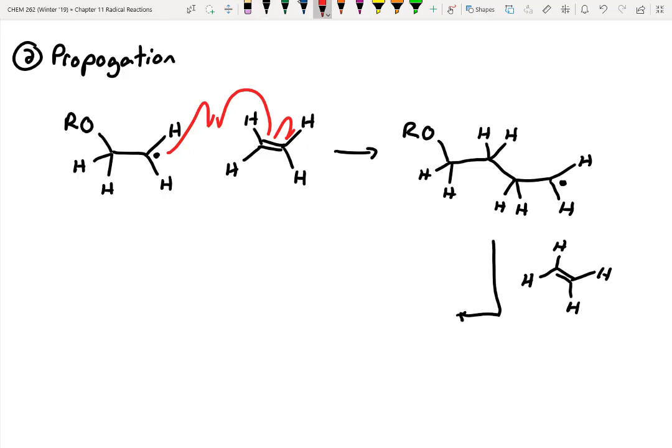So for example, this unpaired electron could add into another equivalent of our ethylene. And I'll just show all of our hydrogens for good measure.